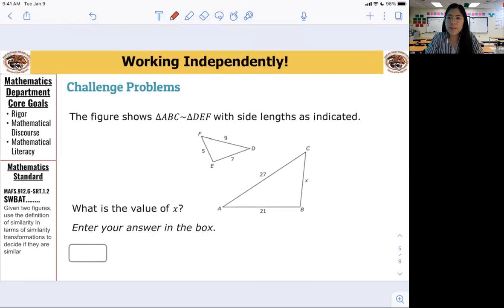About 30 more seconds. And Perla, remember, your proportions have to have corresponding sides. So yes, they have to match. So 2 corresponding sides on the left-hand side and 2 corresponding sides on the right-hand side.